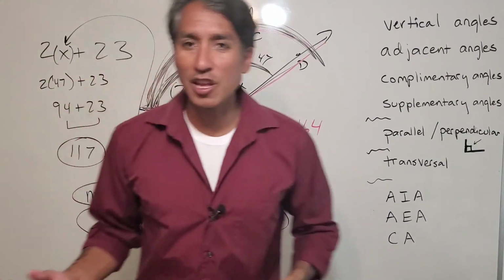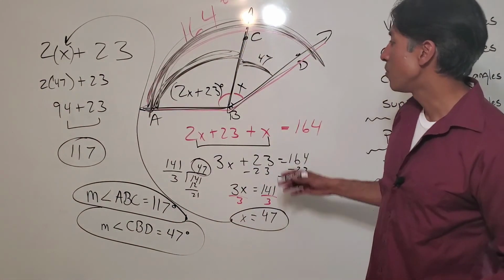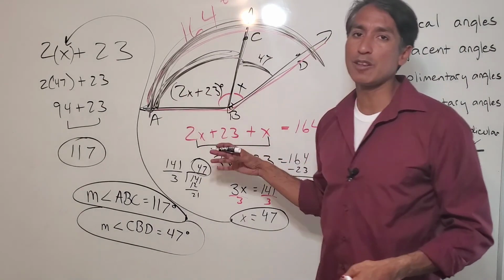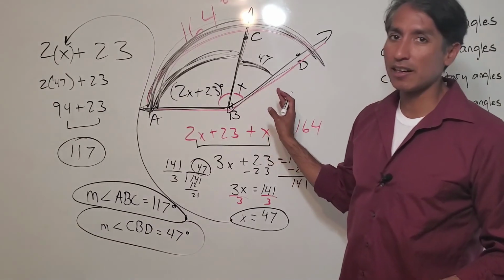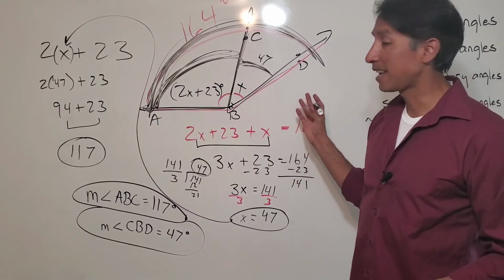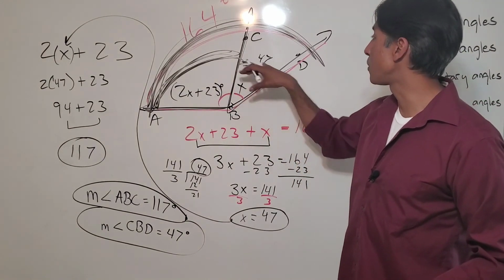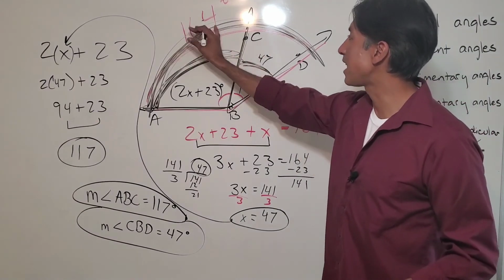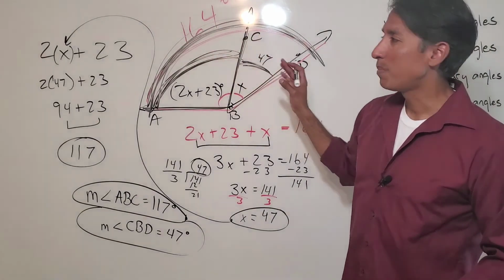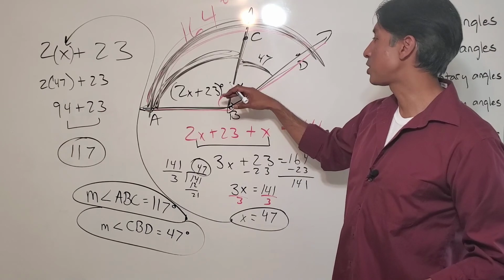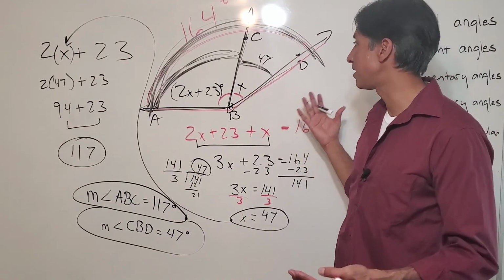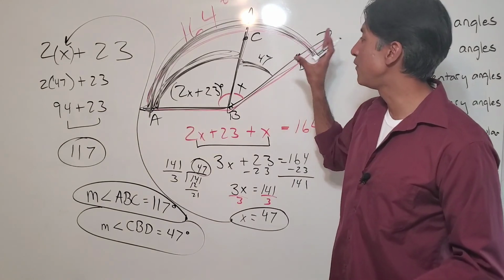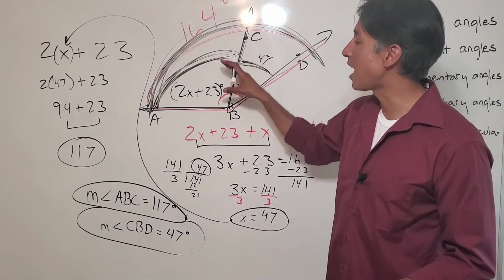The process, though, is going to be worth learning when it comes to plugging in these values, because you're going to get more complicated stuff in here. Sometimes, like I said, if you knew this was 47, you were able to subtract it from the big number up here. But if this was like 2x minus 3.6 or something, then you're like, I don't know how to figure that out, so I can't just subtract it.